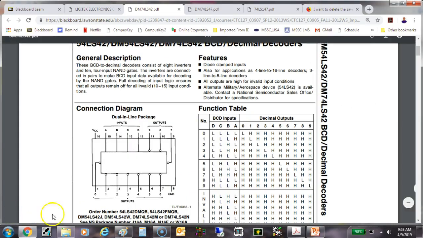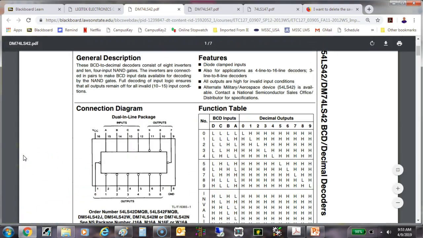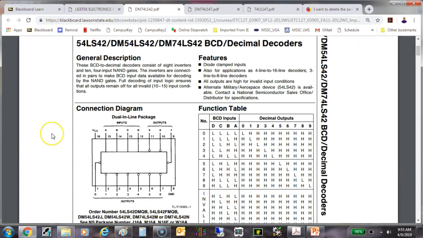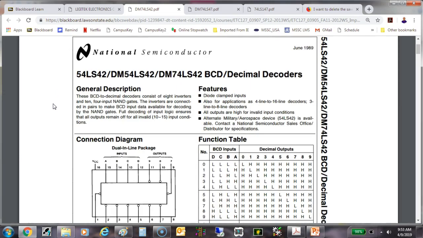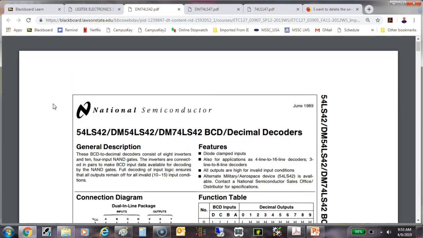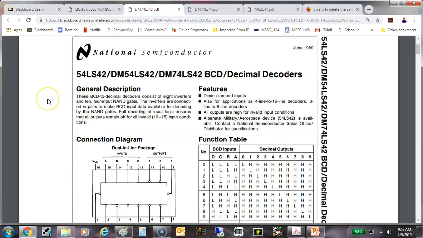What you need to do now is pause the lecture and then go into Blackboard into data sheets and look up the data sheet for a 74LS42.